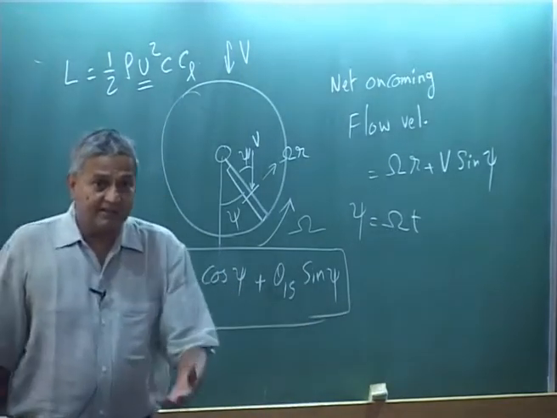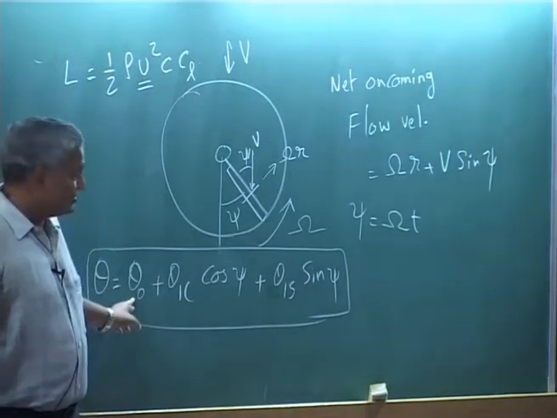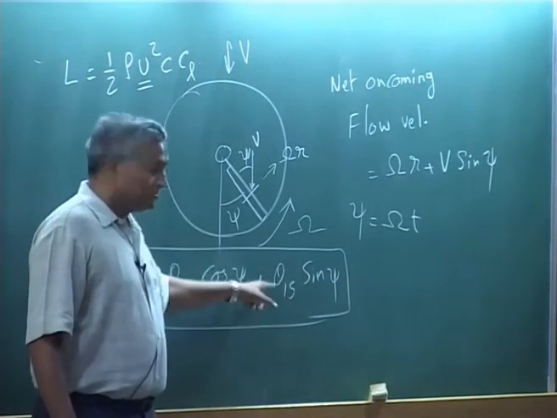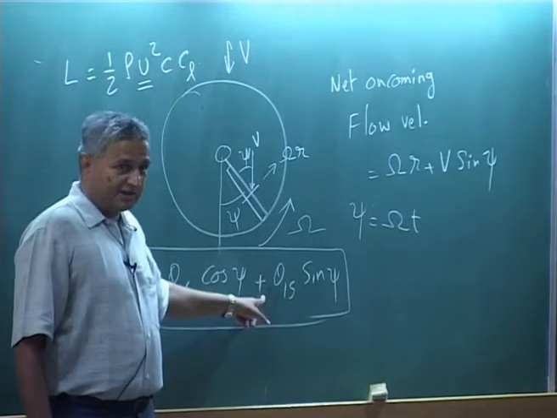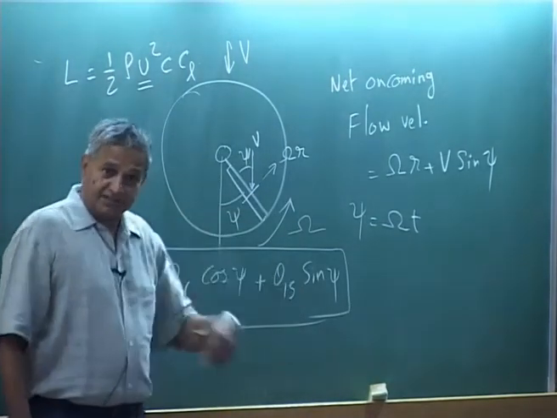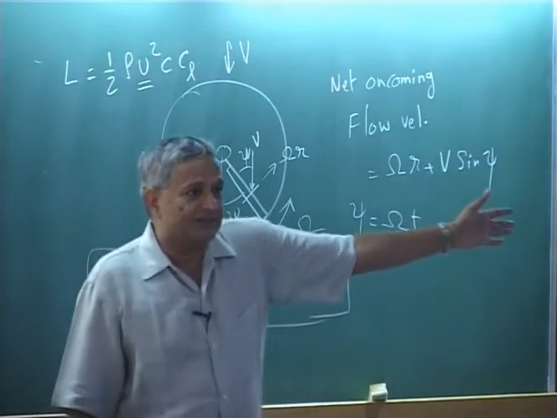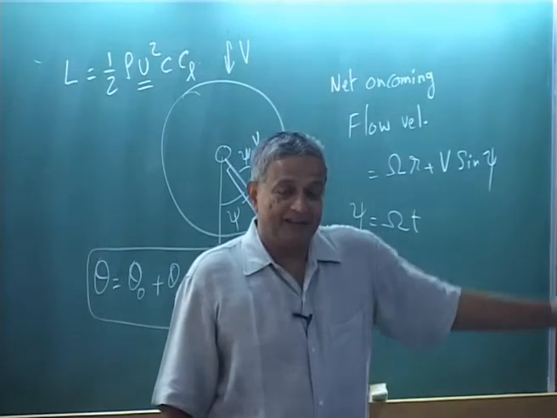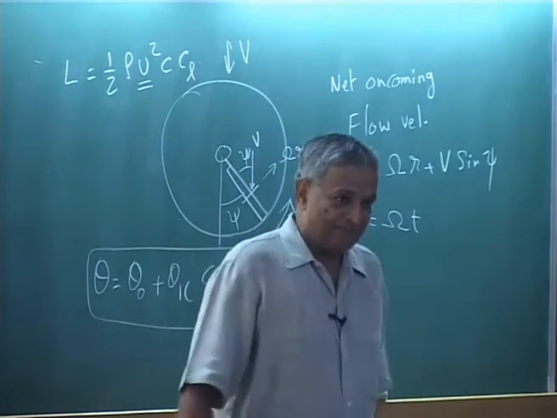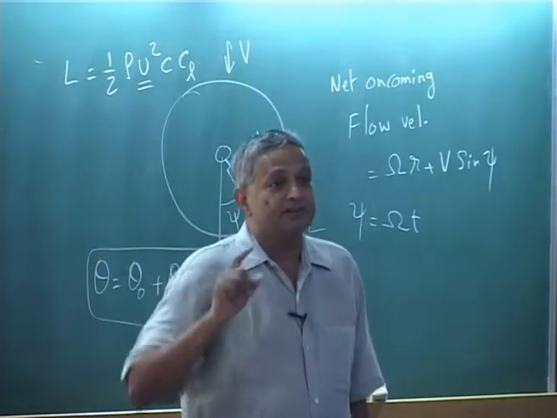When I do that, collective is always fixed, okay. Suppose this angle is negative, that is theta 1s is minus, what will happen? On the advancing side it will subtract, on the retreating side sin psi is negative, so that will add. So, you find I increase my pitch angle on the retreating side, again once in a revolution.